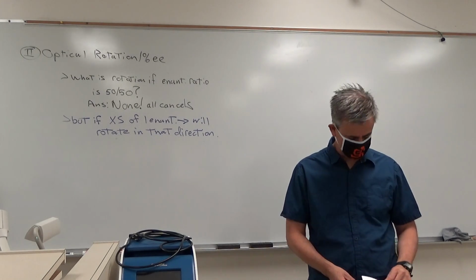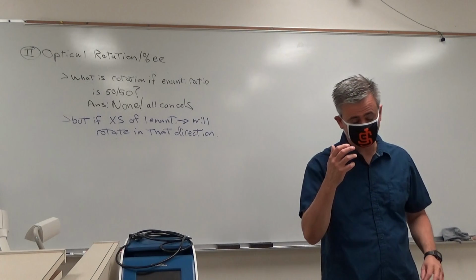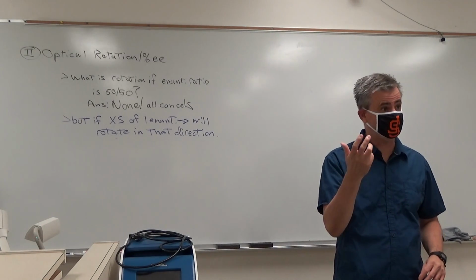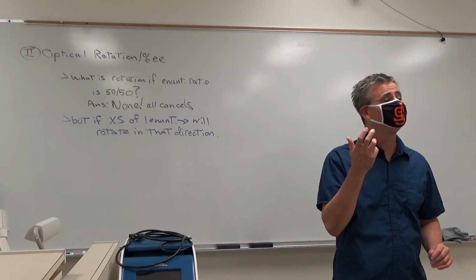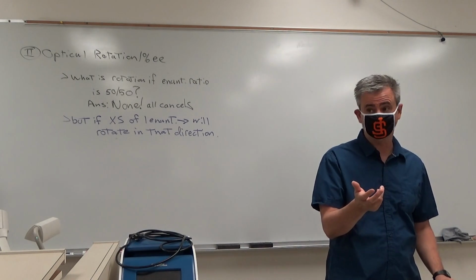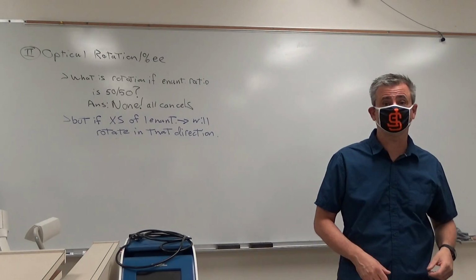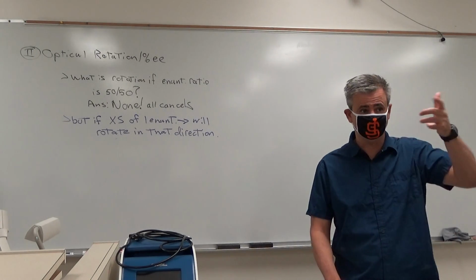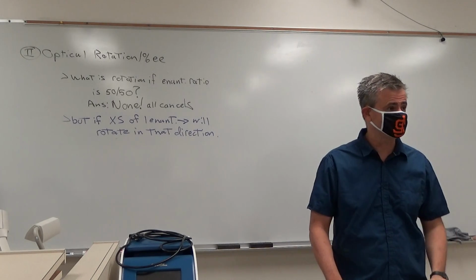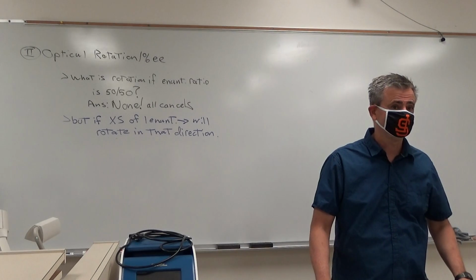Yeah, that's what it is. In the worksheet, there is a literature value for the rotation of ethyl 2-hydroxypropanoate. First you're going to get your rotation, then you're going to come up with your specific rotation and compare that to the literature value.